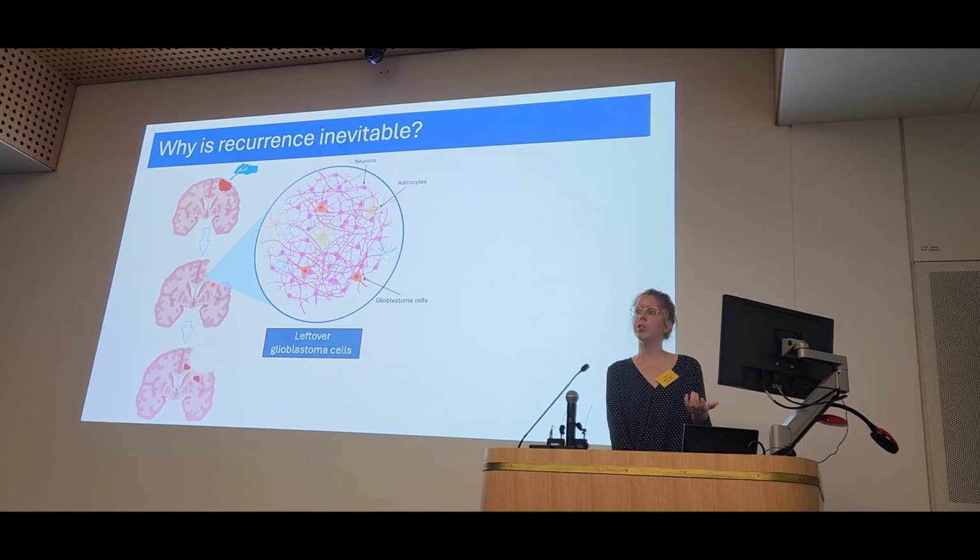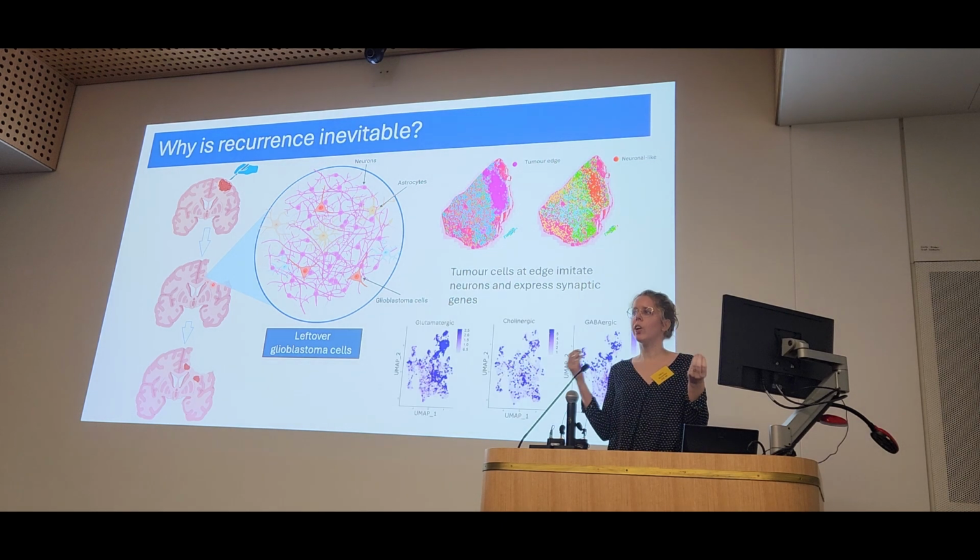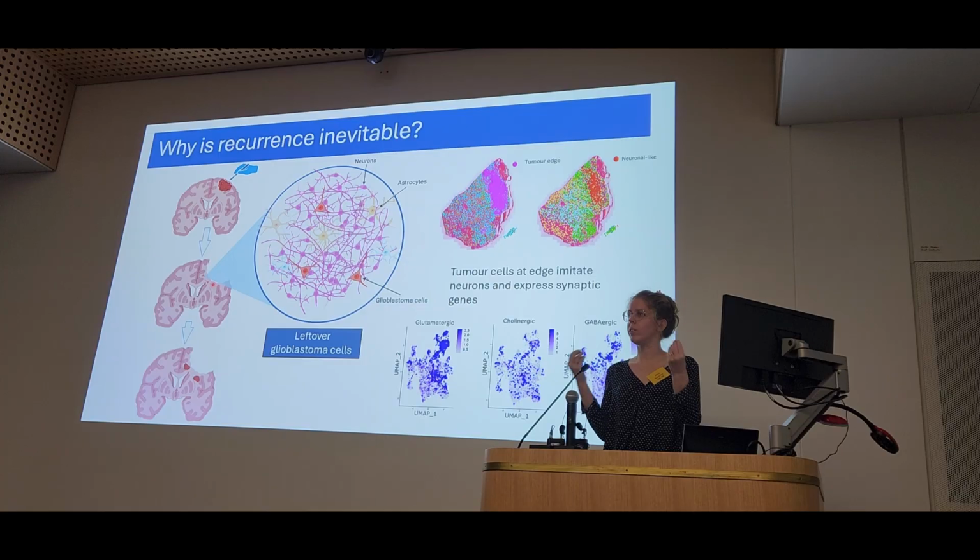So we've looked into these cells, and remember there's different types of cell types, so we're like, okay, what cell type are these leftover cells? And what we found is that they look a lot like neurons. Like the neurons of the brain, they look a lot like them. And not only do they look like, they can almost act like them. Neurons connect to other neurons through something called synapses.